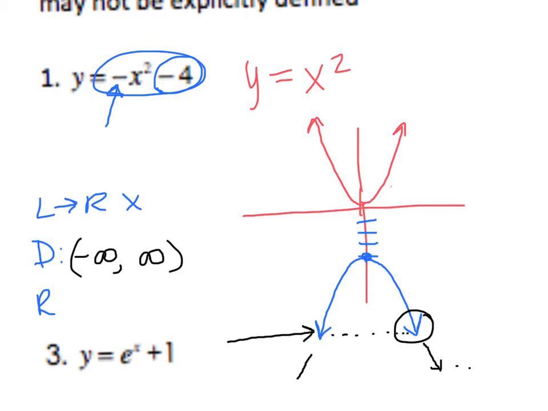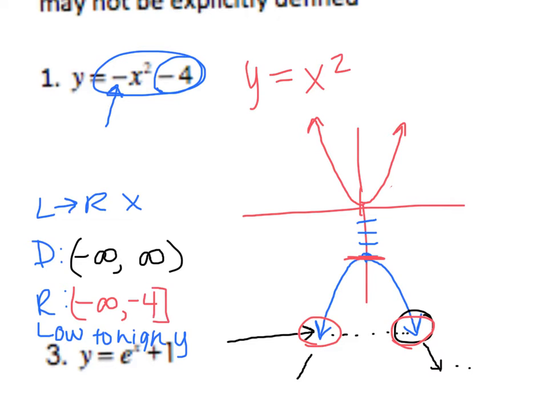For the range, remember, you go from low to high, and it's the y values. So our low, because we're looking at arrows on the bottom, is going to be negative infinity. Our high point is going to be right at that negative 4 mark. And you want to put a bracket because it does include the negative 4.